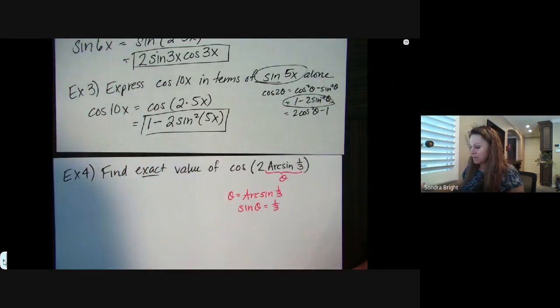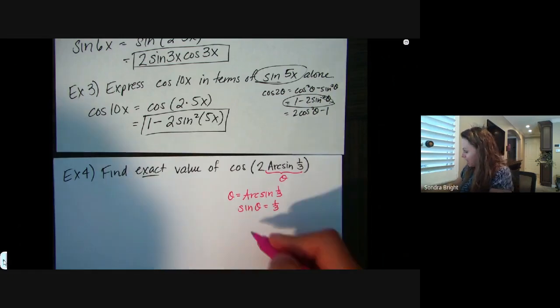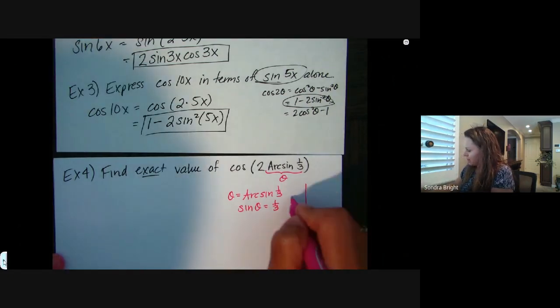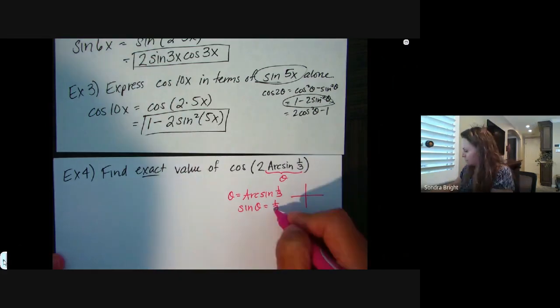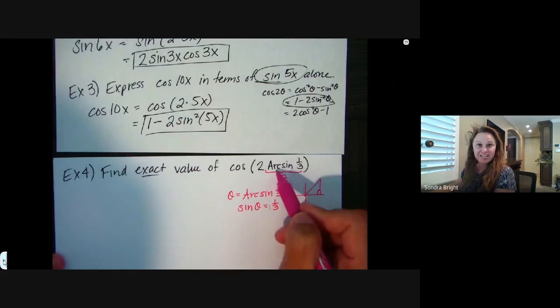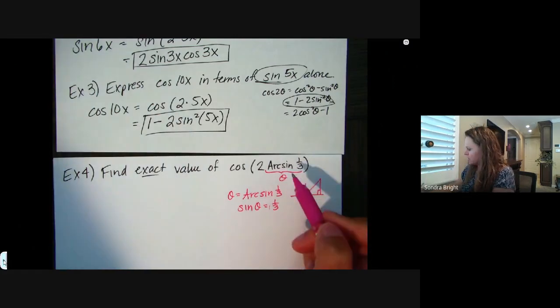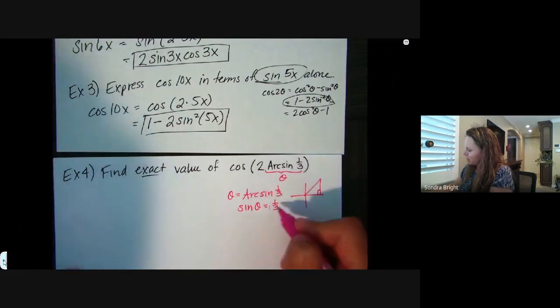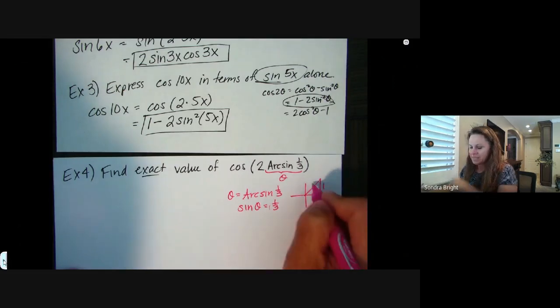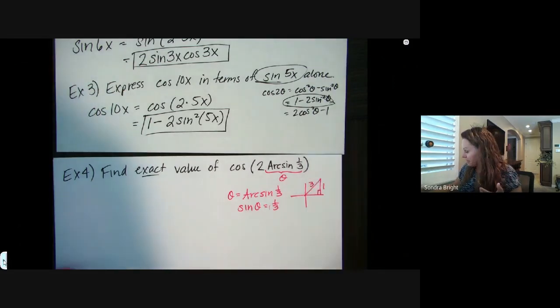So now, if I know sine of theta is 1/3, I know information about this angle, right? I know it's positive, so it's got to be in quadrant 1 because it said arc sine. Arc sine is either in quadrant 1 or quadrant 4. This is y over r, so y is 1, r is 3. And then to find the x value, you've got to use the Pythagorean theorem.